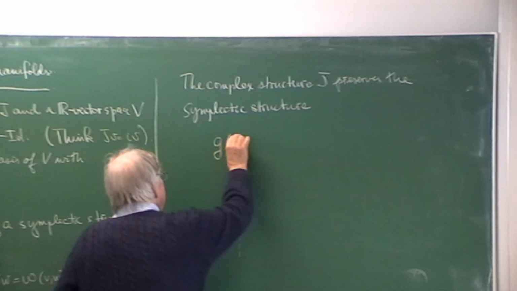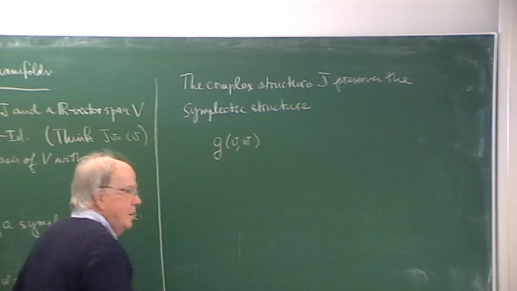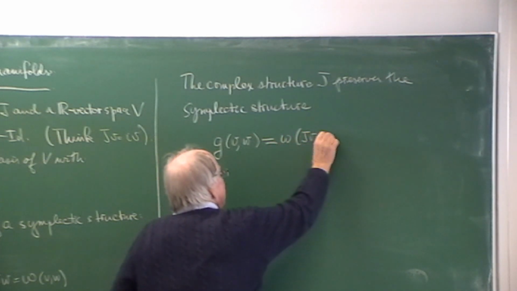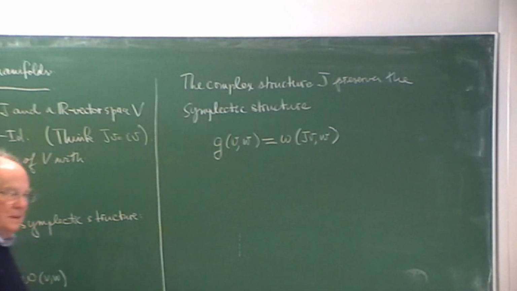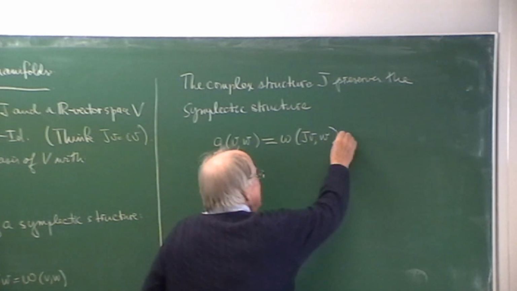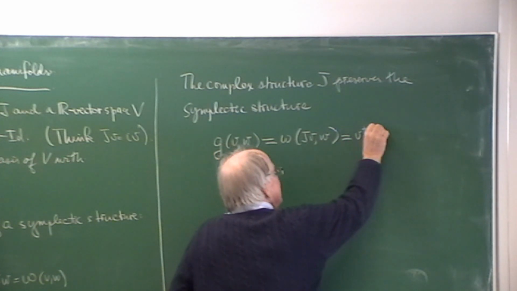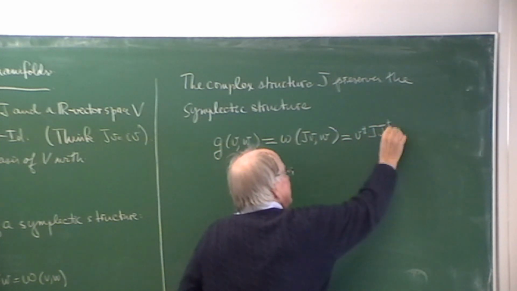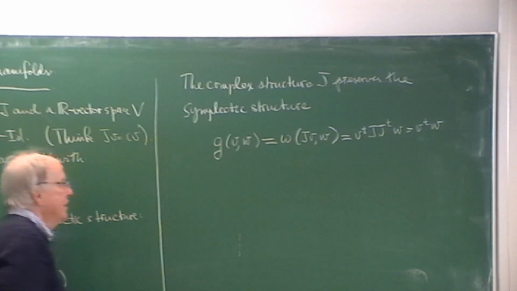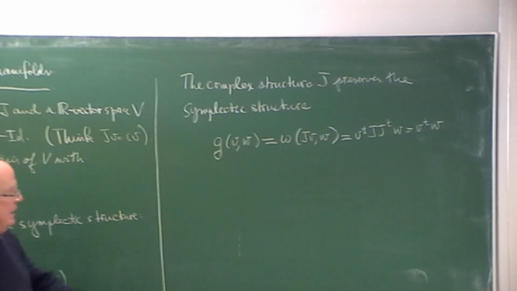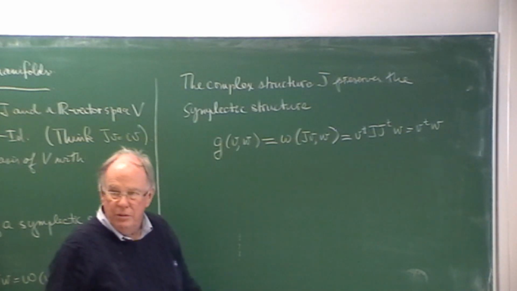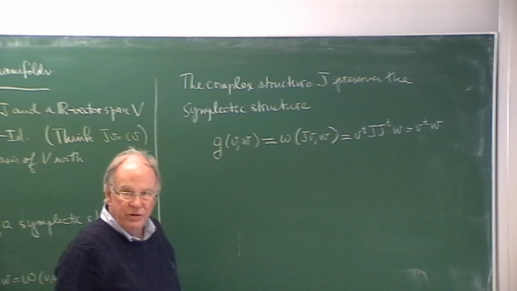Define G of V, W to be equal to omega of J V, W. This was a good idea because you see this is V transpose J transpose, which is inverse, W, which is equal to V transpose W. That means by putting J, the complex structure, in the first entry, you have a bilinear form, which is the standard bilinear form on the real vector space.